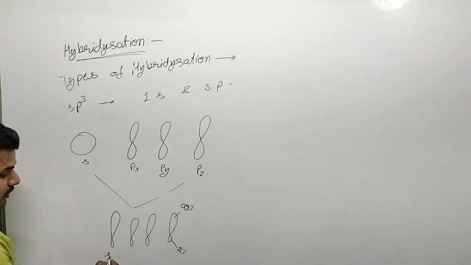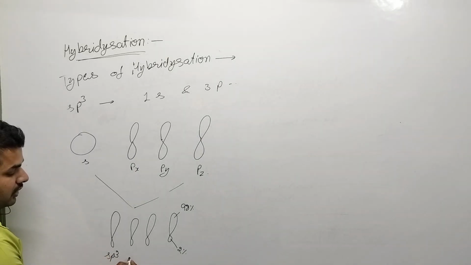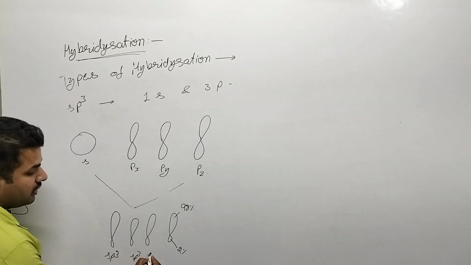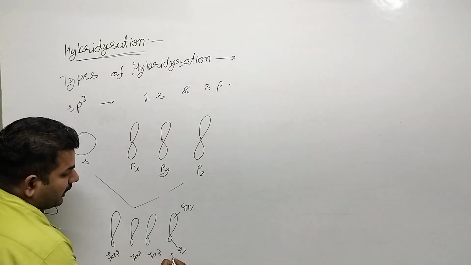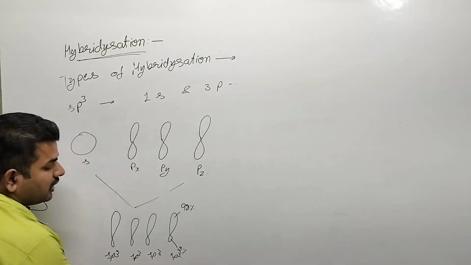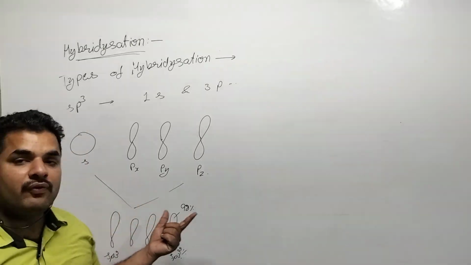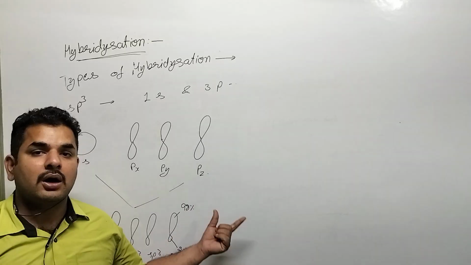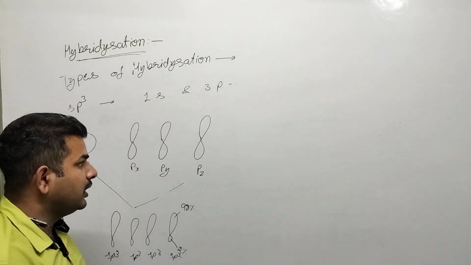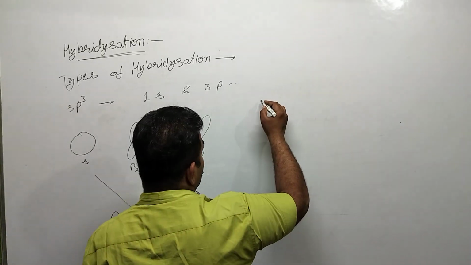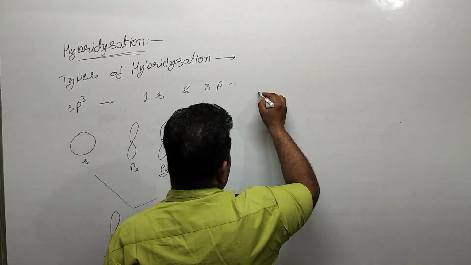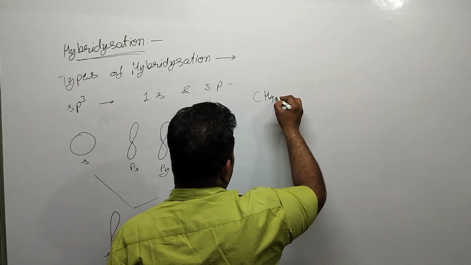That means this orbital is sp3, this is also sp3, and all these four orbitals are sp3 orbitals, whether they are fully filled or half filled. We take the example of methane.